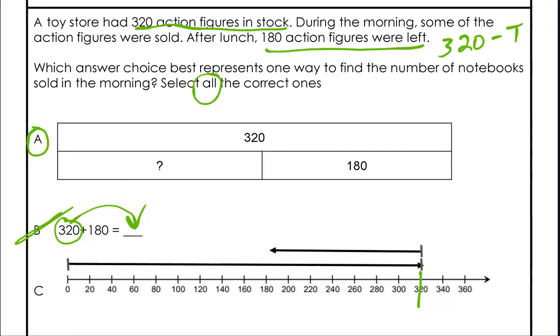So let's see how many they actually did. So 20, 40, 60, 80, 100, 20, 40. So they actually only took away 140 when we should have taken away 180. So C is out.